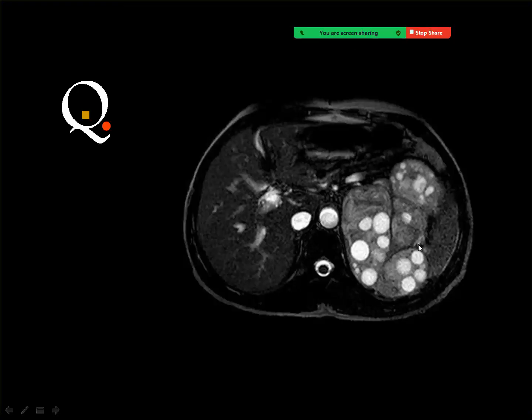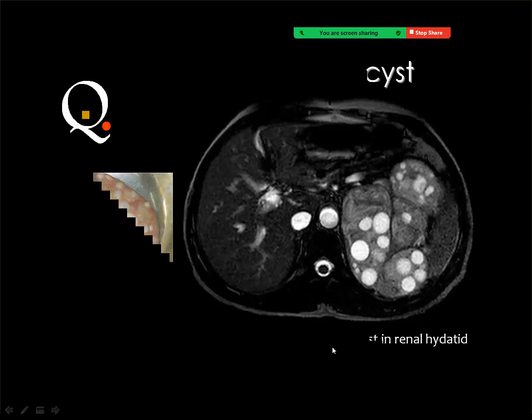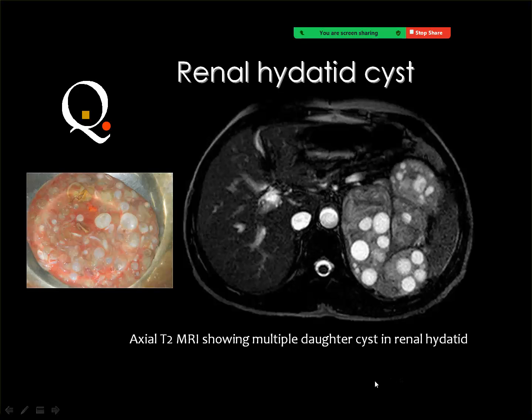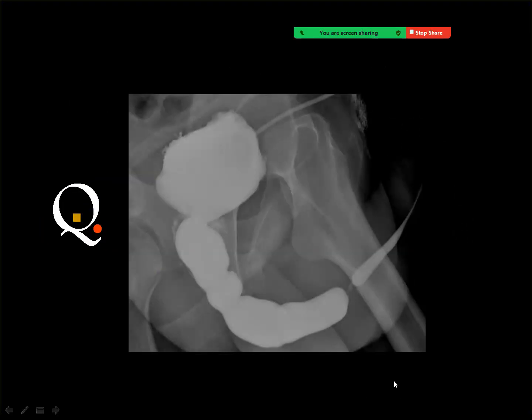You got multiple cysts with internal daughter cysts, which are the classic appearance of the hydatid cyst in the kidney. And this is the gross specimen after surgical removal. And you see the big lesion with internal daughter cysts inside corresponding to this MR image.